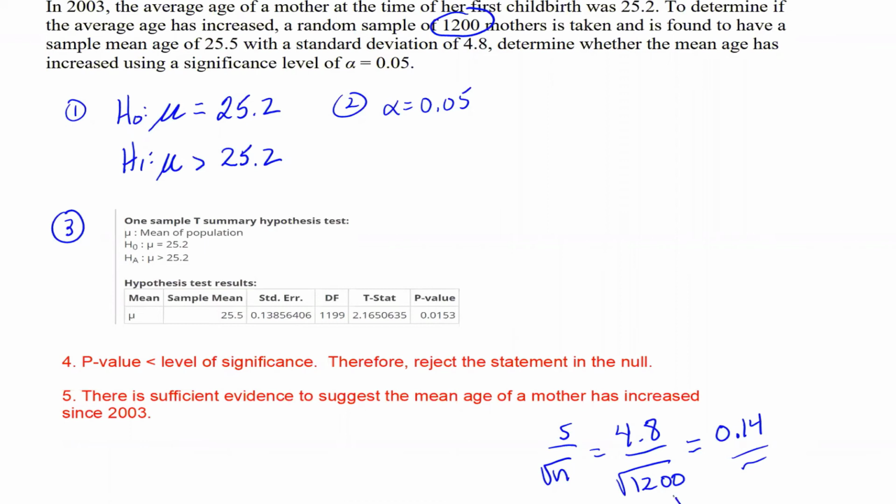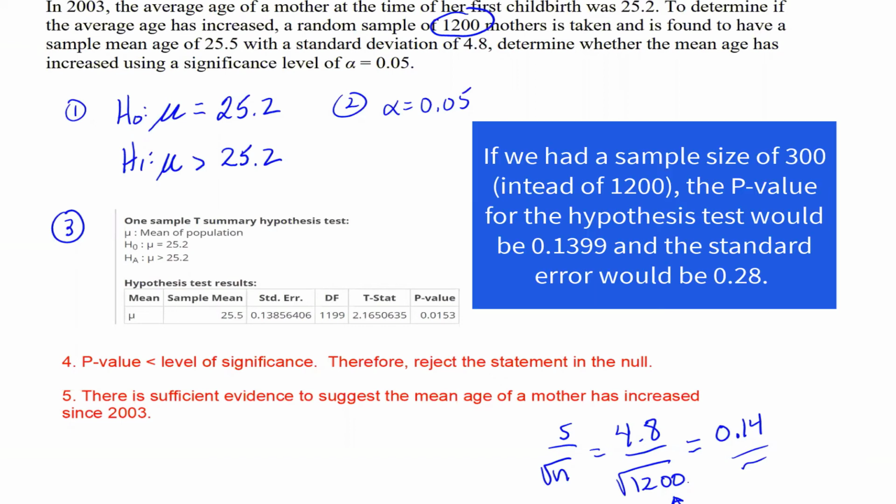So the larger the sample size is, the smaller your standard error is, and therefore the more likely you are to reject the statement in the null. Not because the statistic is really far away in absolute terms, in other words, in a decent effect size, but rather it's far away because you caused your standard error to be so small that you're inevitably going to end up rejecting the null.